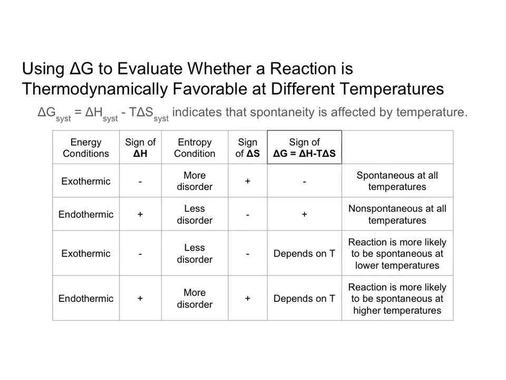If it's exothermic, delta H is negative, and there's less disorder, so the sign of delta S is negative, then whether or not the reaction will occur depends on the temperature. The reaction is more likely to be spontaneous at lower temperatures, so really cold.